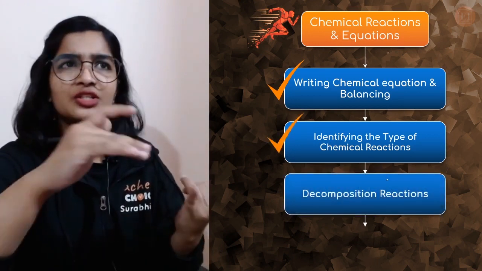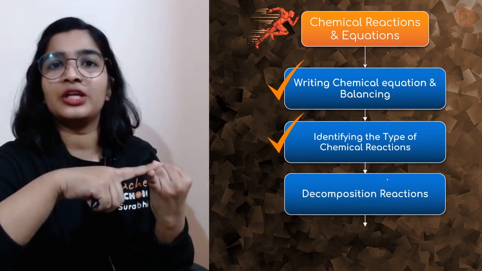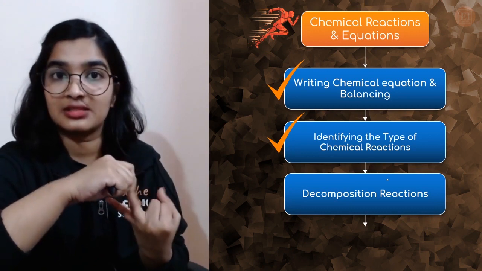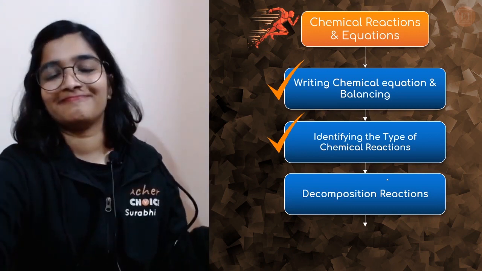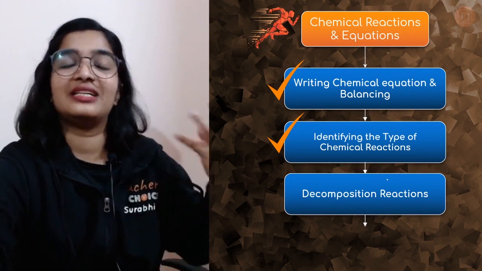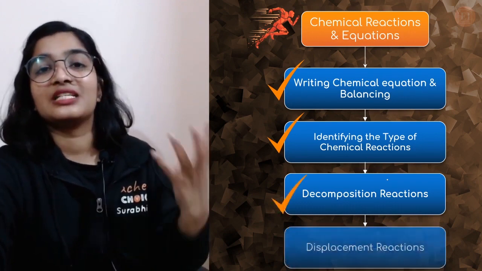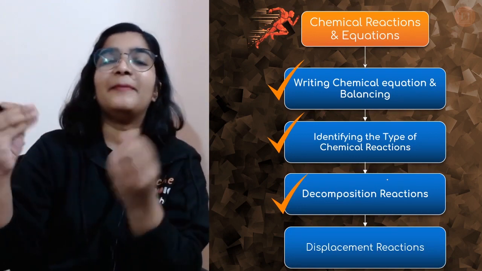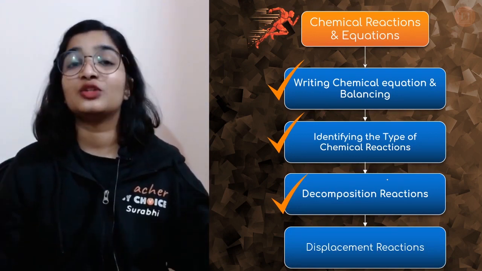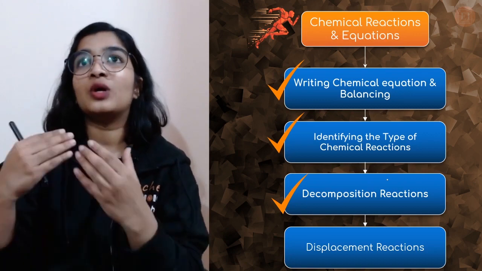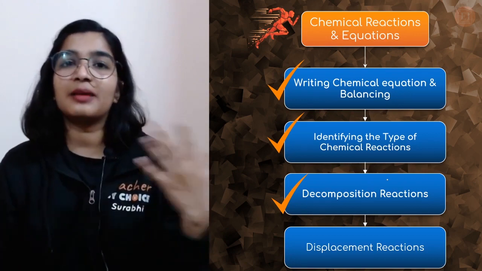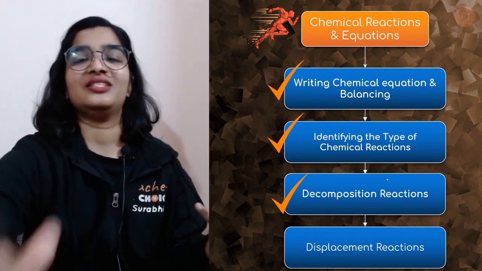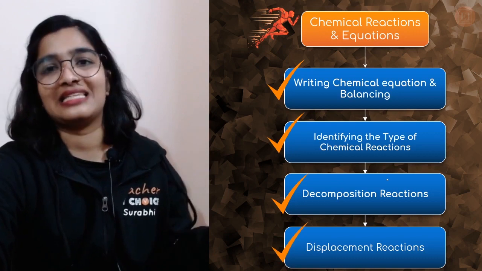In decomposition reactions, we spoke about photo decomposition, decomposition by electrolysis, and decomposition by heat energy, we did discuss all of them. And lastly, displacement reaction. We took those test tubes and added different metals into ferrous sulfate. So now we know how to identify the chemical reactions and how to balance the chemical equations if they are asked in the examination.